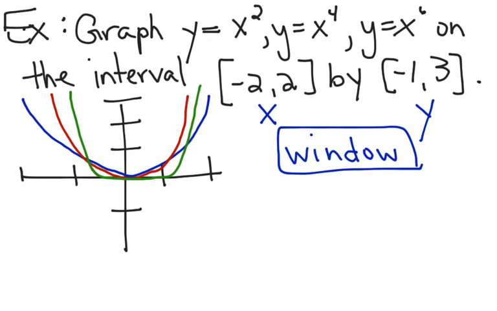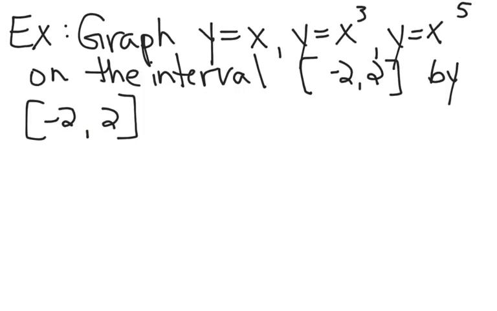So you can probably make a prediction about what y equals x to the 8th will look like without really doing anything. Now let's do something similar, and instead of looking at even exponents of x, let's look at odd exponents of x on the interval -2, 2, -2, 2. Remember, the first interval is for x, the second interval is for y.